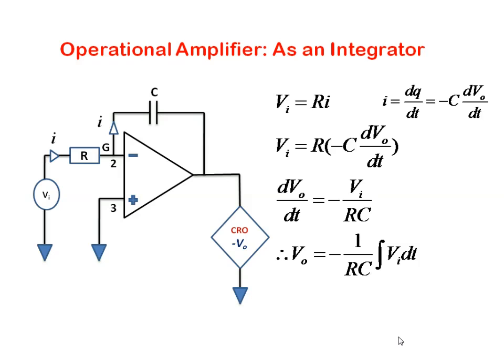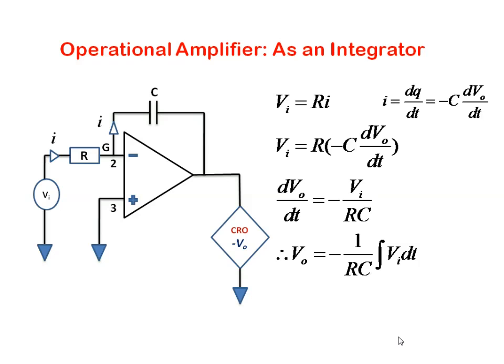Therefore, if Q is the instantaneous charge on the capacitor, then I can be written as I equal to dQ by dt, as output voltage minus V0 of the op-amp appears across the capacitor. Therefore, Q is equal to minus C into V0.